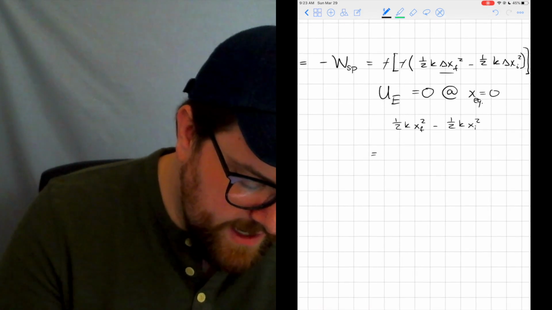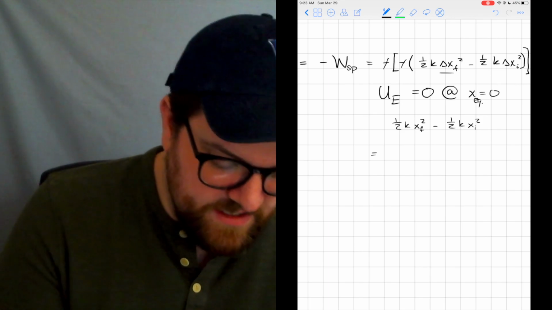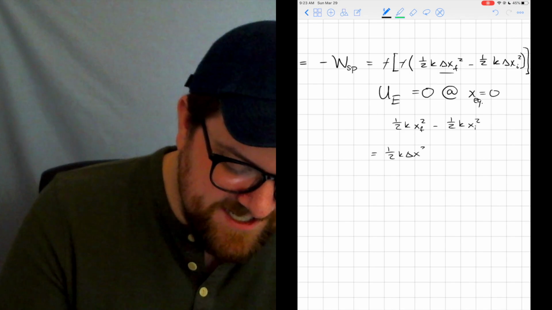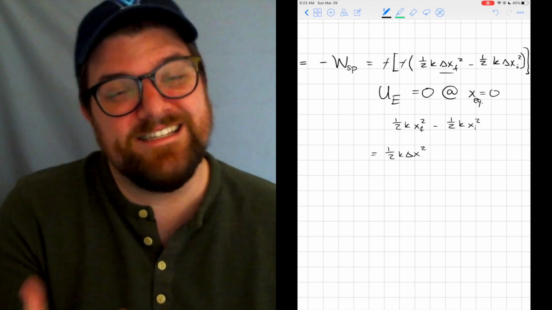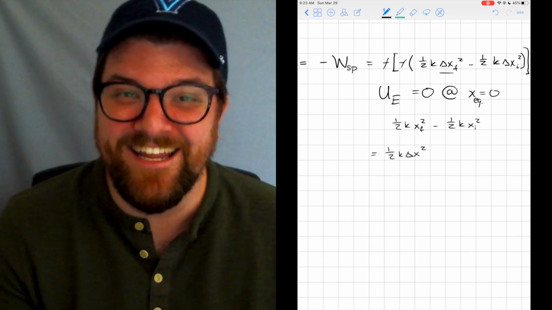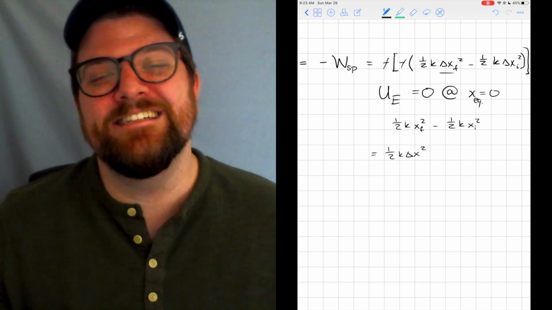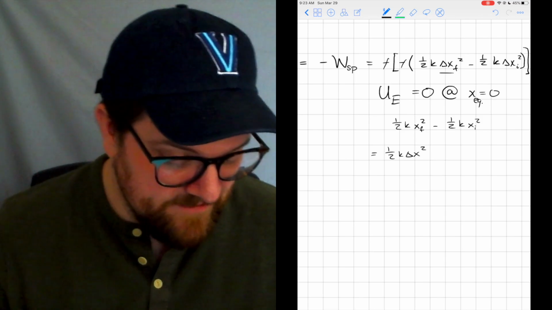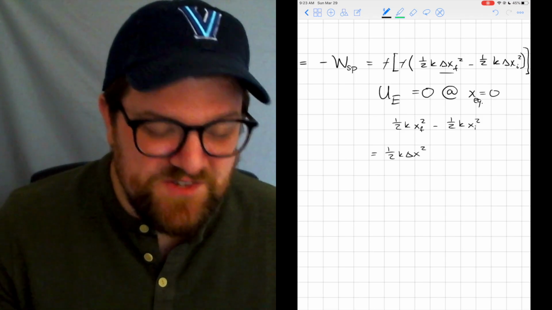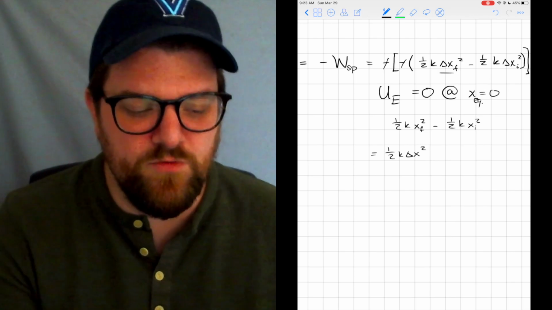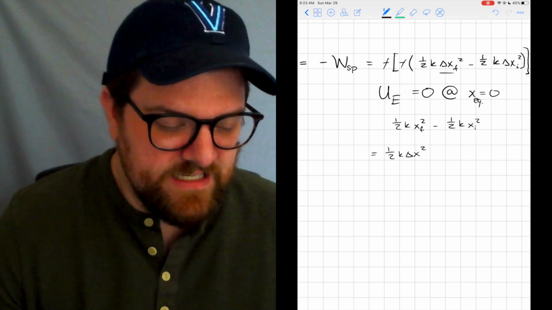Another way of writing that would be the delta of this, or maybe I could say 1/2 k delta x squared. So we put the delta back in, but this delta now means something slightly different. Instead of a displacement quantity, it's now representing an actual difference. So just be careful. Make sure you are paying attention to what you mean by the delta when you say this.